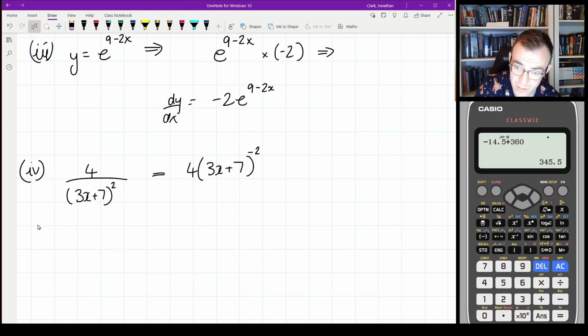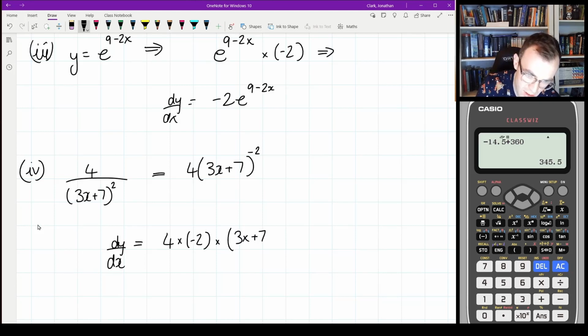Once we've rewritten it, we can go ahead and differentiate, once again using the chain rule. So in this case, this is in the form x to the power of something, so I'll take the power down. I'll take 1 off the power. What's in the bracket stays the same, and I'll multiply by the differential, which in this case is 3.